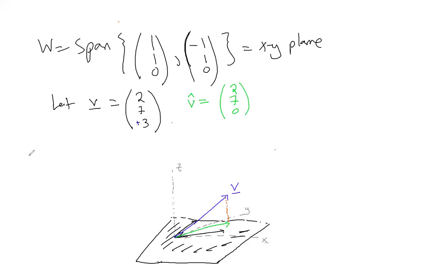Let's check V hat equals, so we should take V dot (1, 1, 0) over (1, 1, 0) dot (1, 1, 0), times (1, 1, 0), plus the same for (-1, 1, 0).